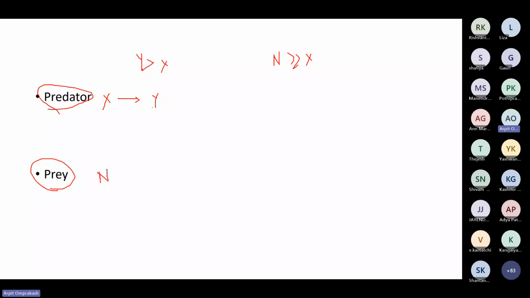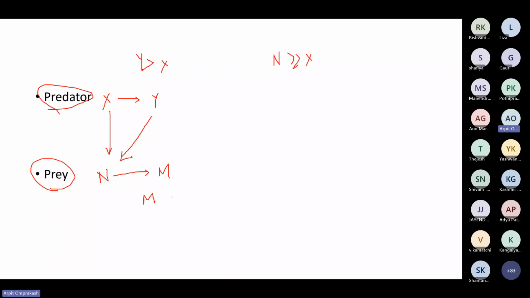Now, since the number of predators that were hunting these N prey has increased to Y, the predation pressure on the prey is very high. More impalas are being caught and eaten, so the number of impalas decreases.